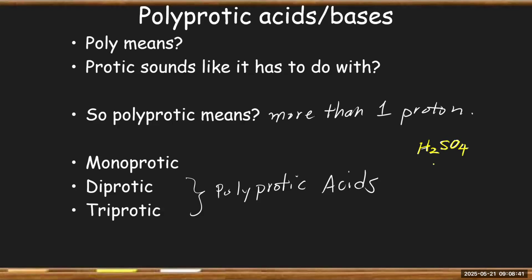You know that Stavro is going to give up a proton because he's an acid. Now, they don't all fall off at once, okay? So imagine, in his left hand he's got a proton. In his right hand, he's got a proton. So he's going to give up the proton in which hand? Left or right hand?